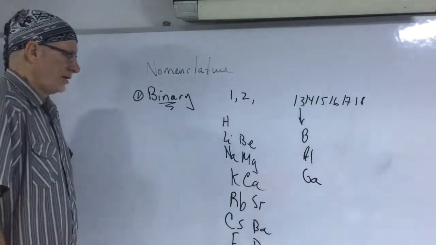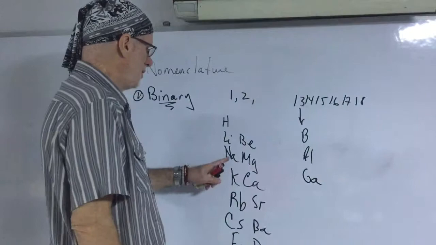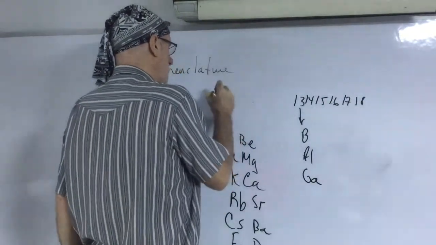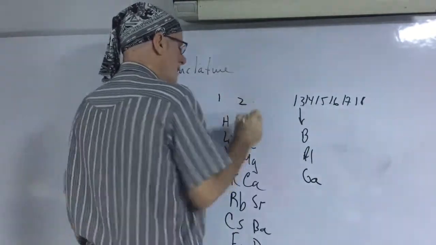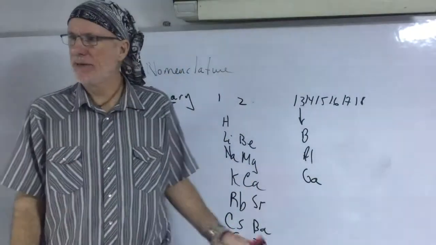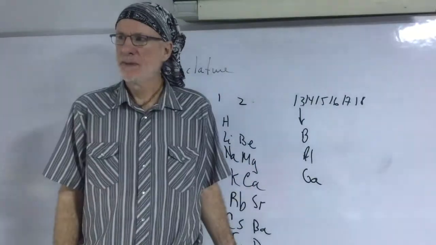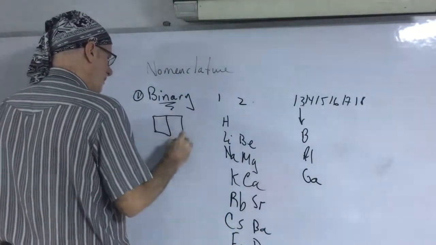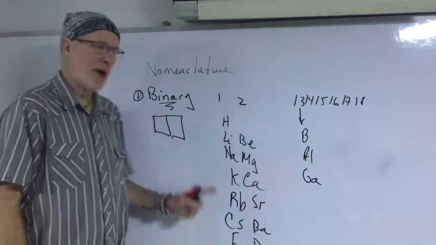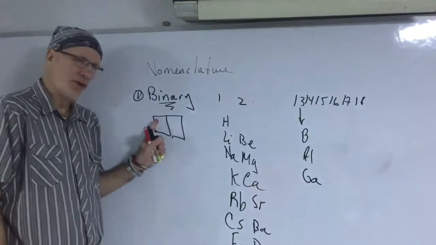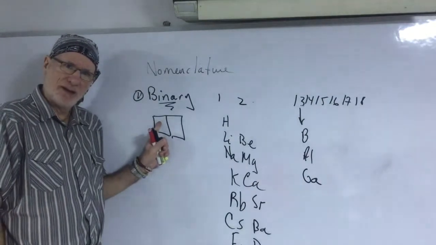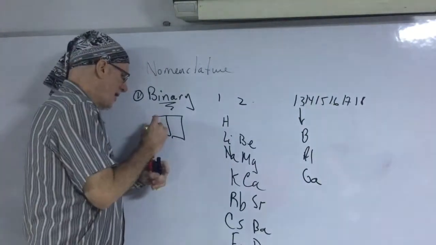Now, these are the metals. Now the metals in binary nomenclature are written on the left. You have two sides, a left and a right. In binary nomenclature, you only have one type of element on the left, which is a metal. This is a metal.